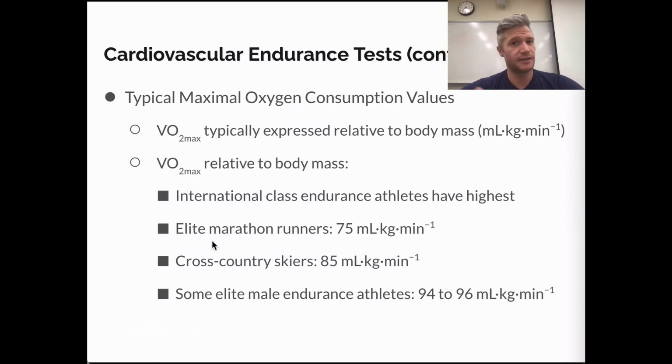Therefore, we find the highest VO2 maxes in the world. And sure enough, we find that this value is somewhere between 75 for elite marathon runners, 85 for cross-country skiers, and at the very top end, truly exceptional outliers, would be around 96 milliliters per kilogram per minute.